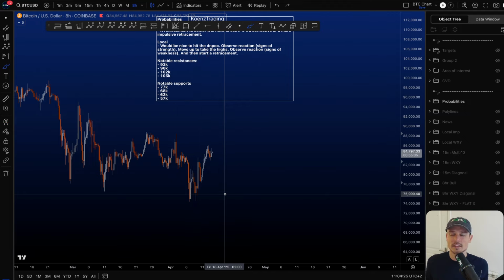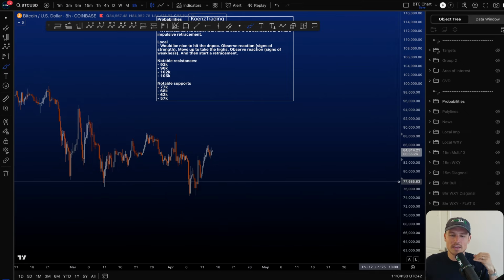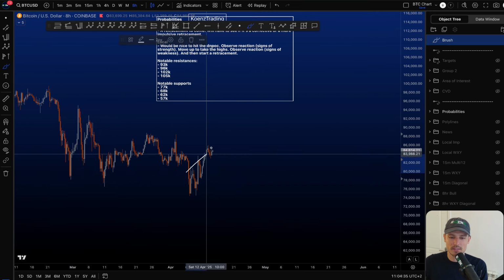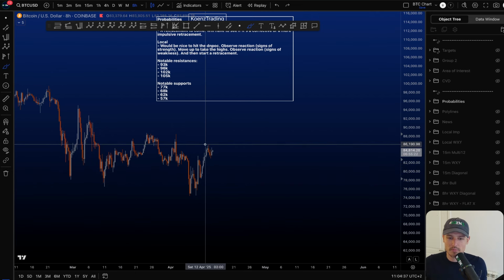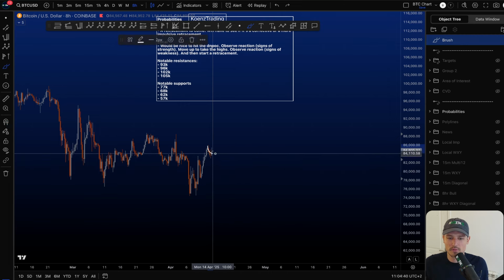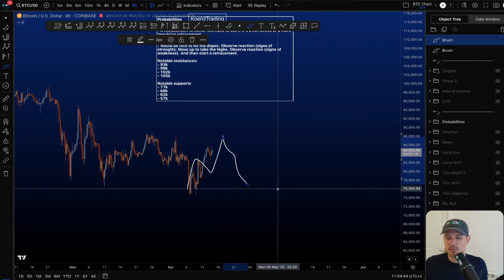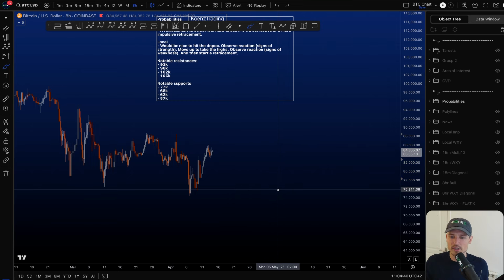It's not invalidated. But if we think about Elliott wave knowledge and all the theory that we can use with time, price, fibs, the structure, it just doesn't look as neat as counting this as either a diagonal, right? But then preferably you don't take out that high before a deeper retracement, or a WXY double zigzag, after which you look for a retracement.